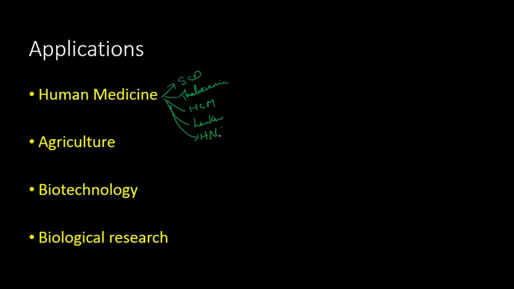So it's being tried for almost all the disease conditions that are possible in humans, and it is used in agriculture to produce disease resistant crops, to give new features, etc. In fact, as I already told, in 2007 a dairy company found out about the immune function of the CRISPR locus, right? Then it is used in biotechnology, it is used in biological research, etc.